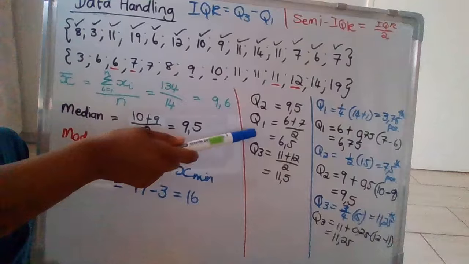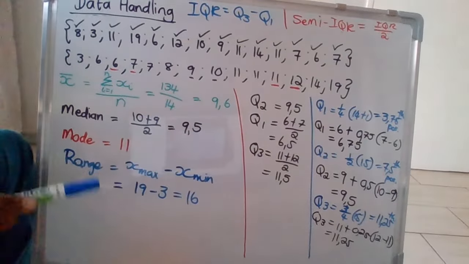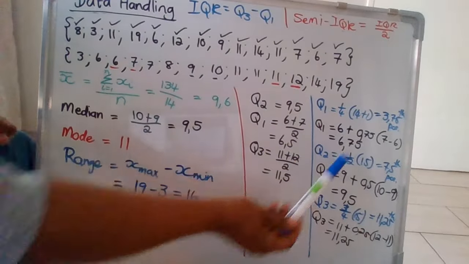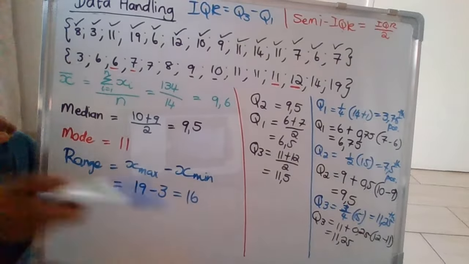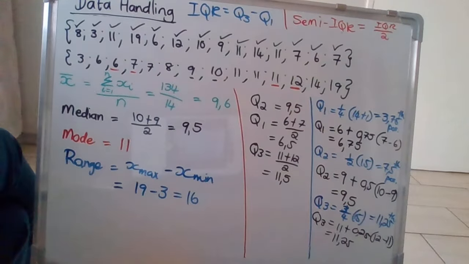Again, whether you use this method or that method, both methods are correct, even though there might be a slight variation in the answers, that's still fine. So it's really up to you whichever method you want to use.